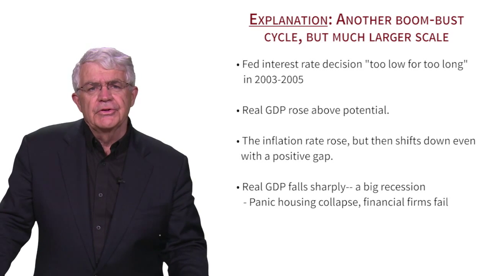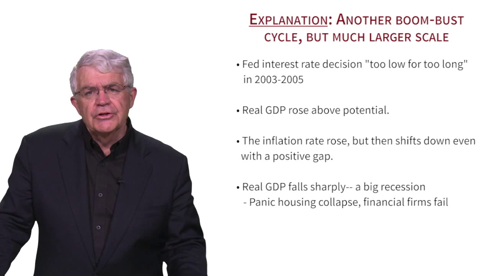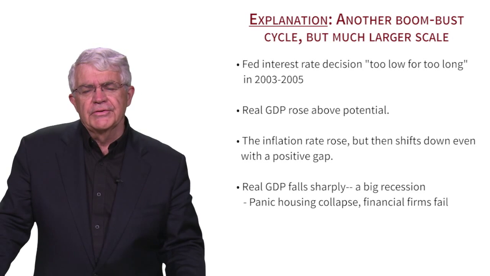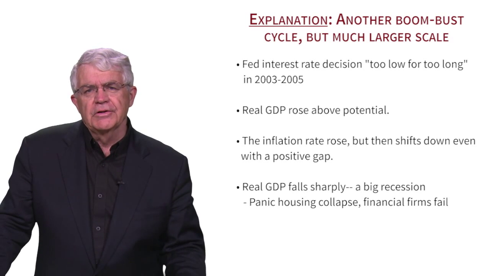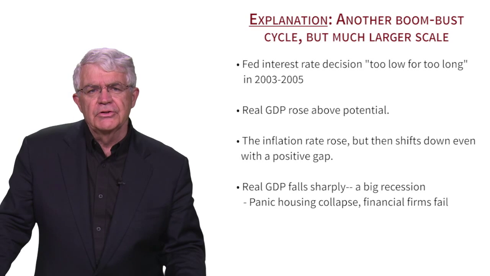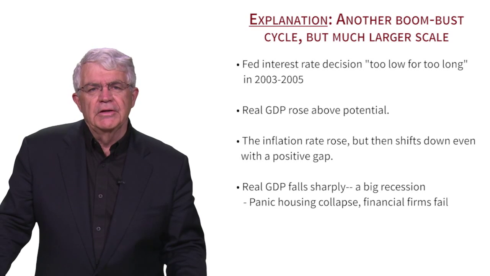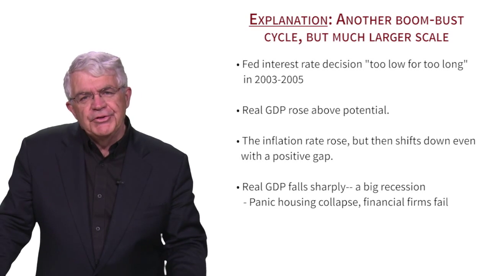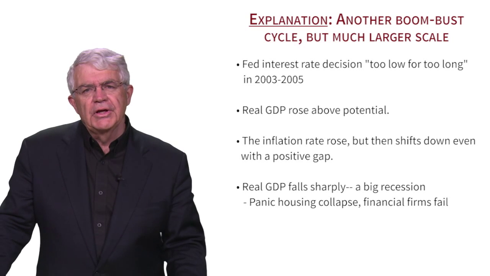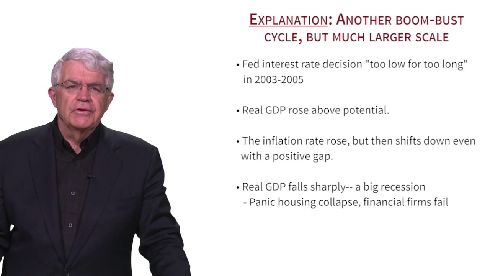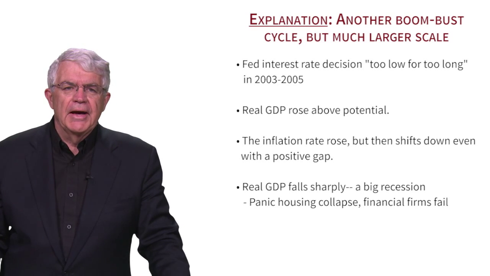So first of all, there's evidence the Federal Reserve held interest rates, as they sometimes say, too low for too long in 2003 to 2005, and that would have caused the aggregate demand curve to shift to the right and had inflation rise, with real GDP rising above potential. That rise in the inflation rate is what we saw in the data. But then there's a difference from the standard shifts of curves: the inflation rate shifts down even though there's a positive gap.